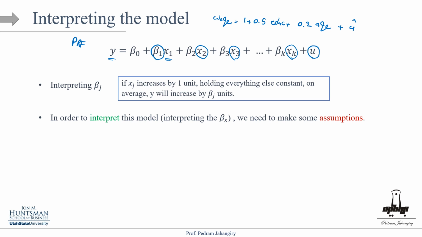So imagine that's the model. Then it means that if education increased by 1 unit, holding age constant, and implicitly u hat, well, basically we assume that u hat is constant, then on average wage is going to increase by 50 cents. Imagine the unit is dollar, so 0.5 is 50 cents per hour.